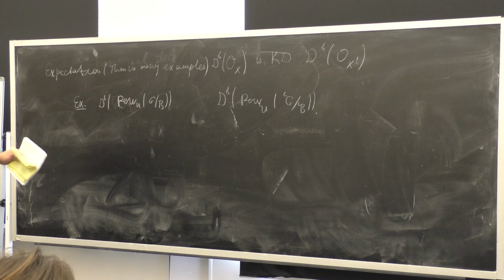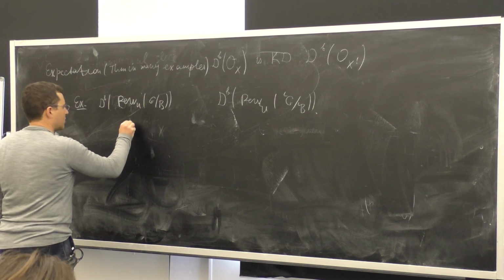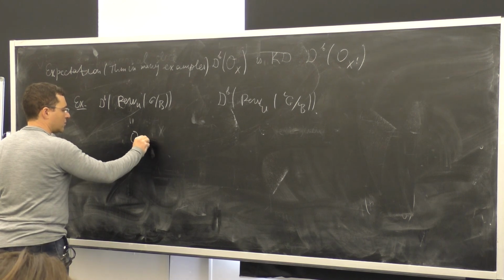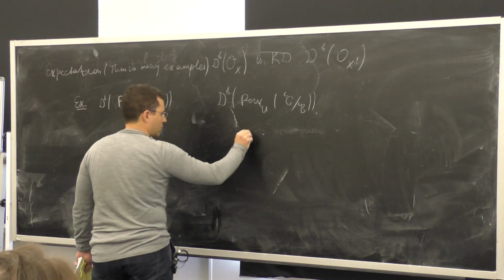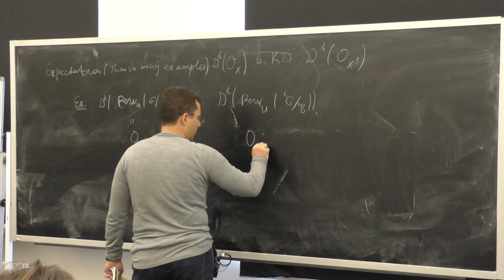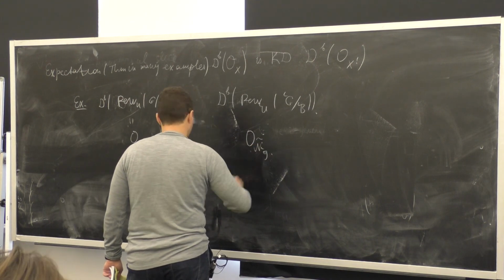So that's my first example. This is category O for N tilde G, and this is category O for N tilde GL.